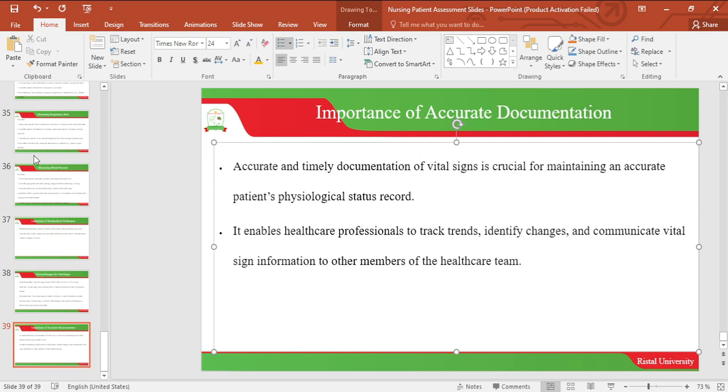We covered the theoretical framework and models in nursing patient assessment. We also looked at the nursing process. We also looked at the importance of evidence-based practice in guiding assessment. We also looked at physical examination and also the importance of documentation.